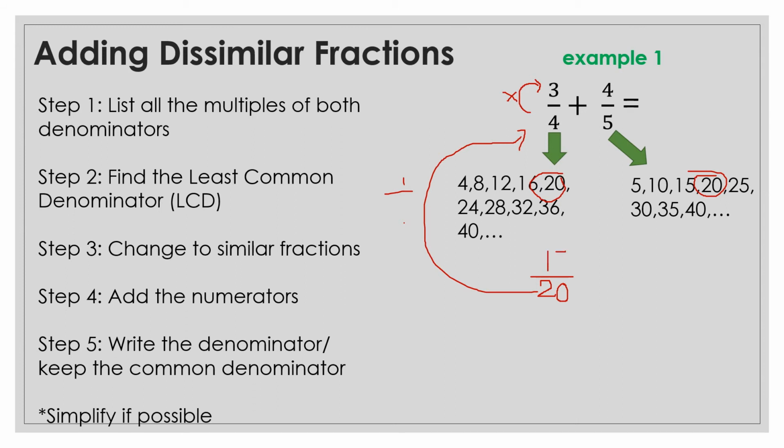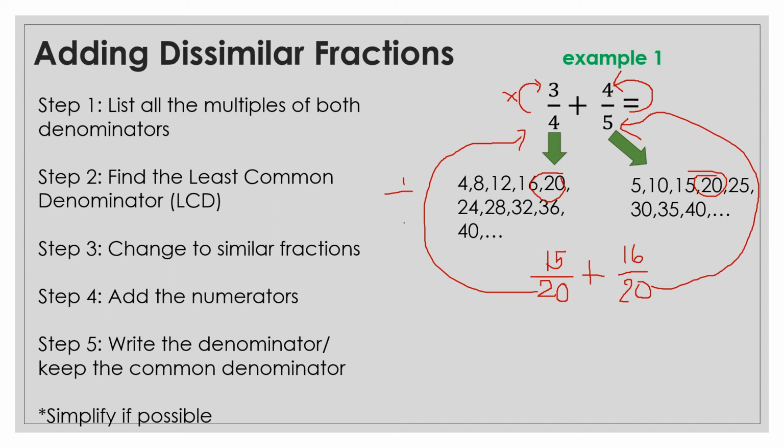So 3/4 will become 15 over 20. Plus, we're going to change 4/5 into a fraction with a denominator of 20. So it will become 20 divided by 5, that is 4, and then 4 times 4 is equal to 16.